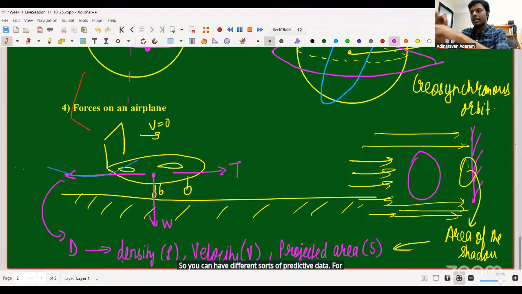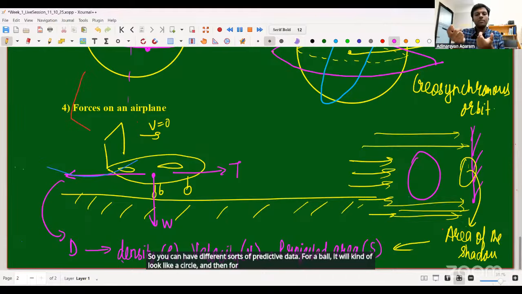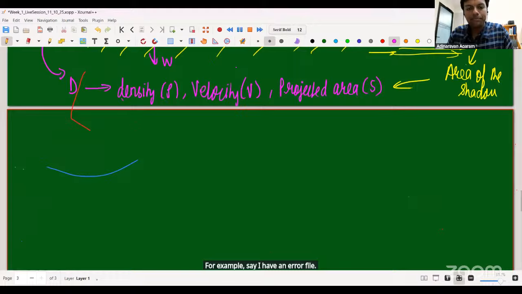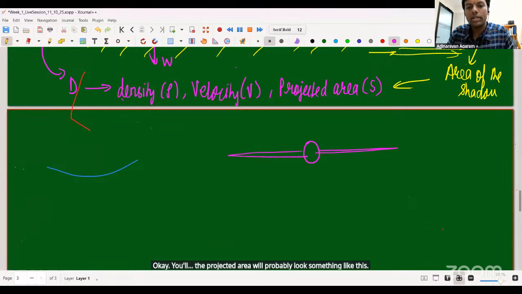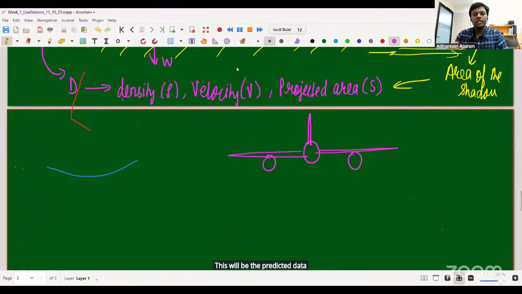So you can have different sorts of projected area. For a ball, it will look like a circle. And for an aeroplane, the projected area will probably look something like this. You have two wings, and then the tail, and then you have two engines here. This will be the projected area for an airplane.